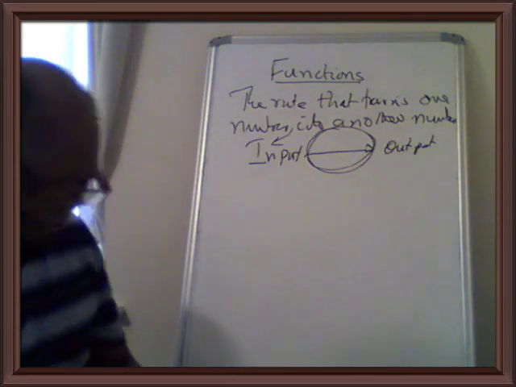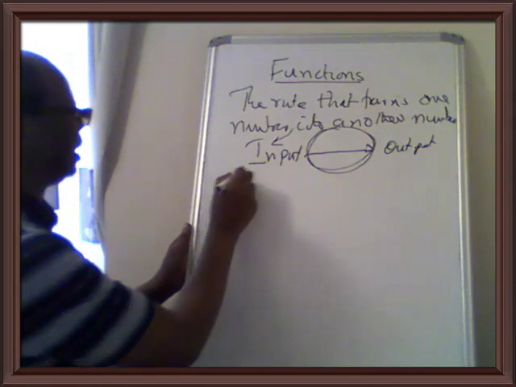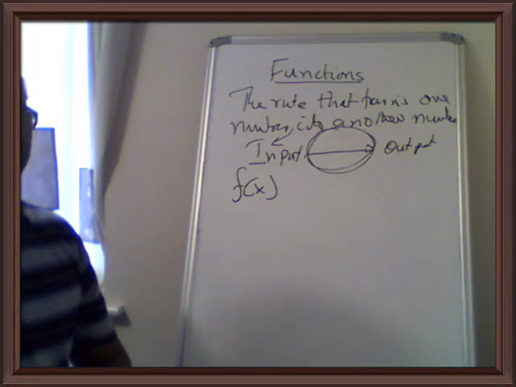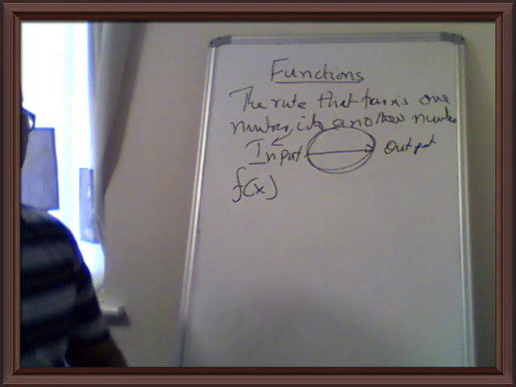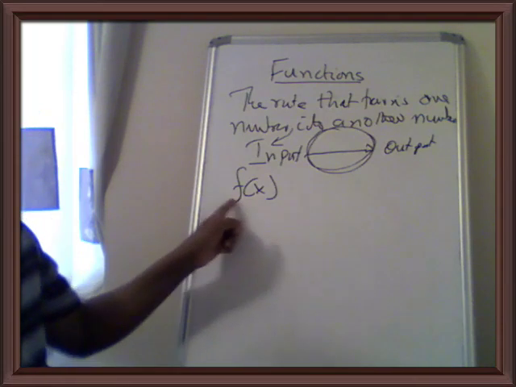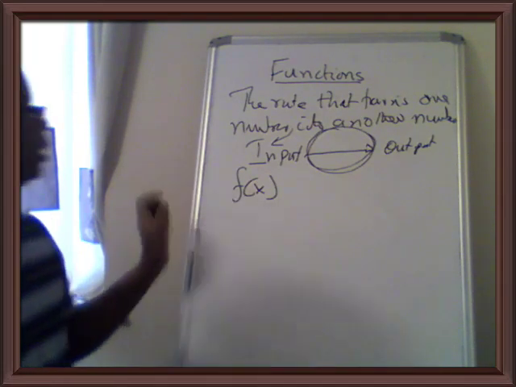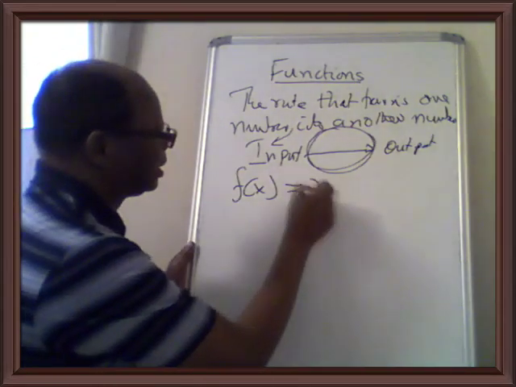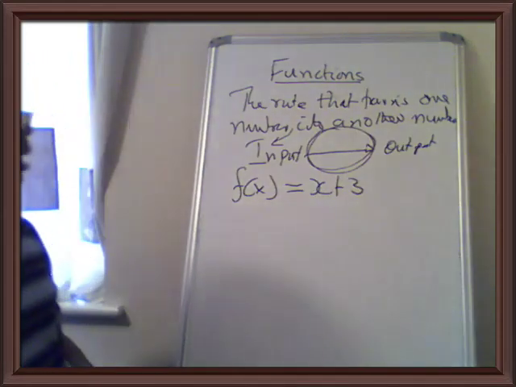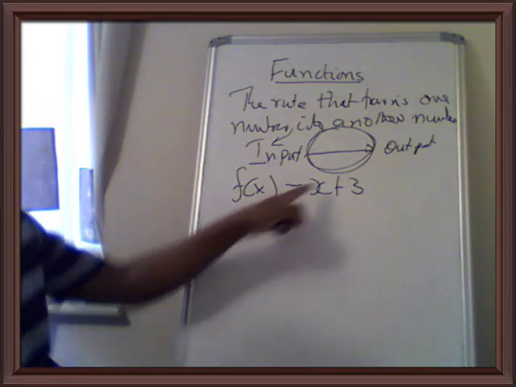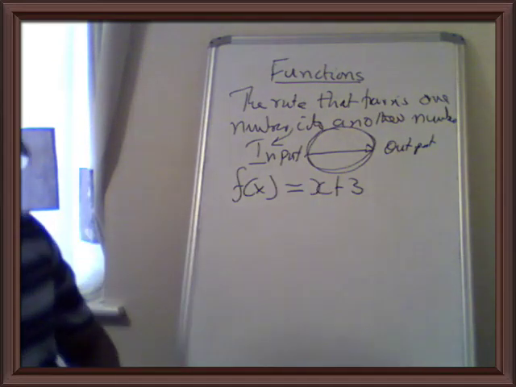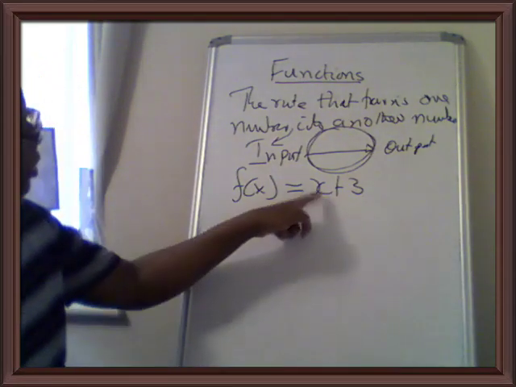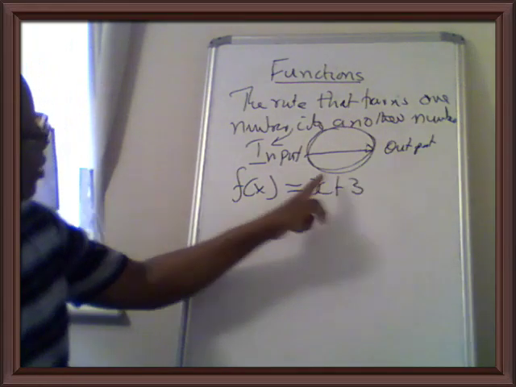All right, let's take an example. Usually functions are written as f of x. It can be g of x, or r of x, or s of x. It doesn't matter, but commonly it is f of x. So let's take this function is equal to x plus 3, and you can see the rule is this here. x is the input, and we need to add 3 to this input.